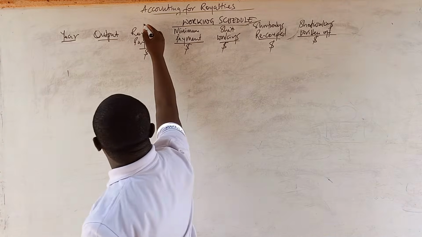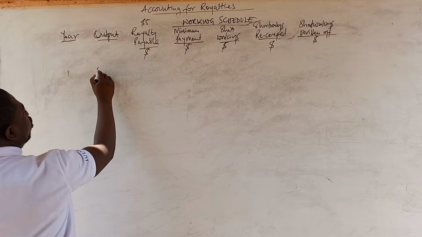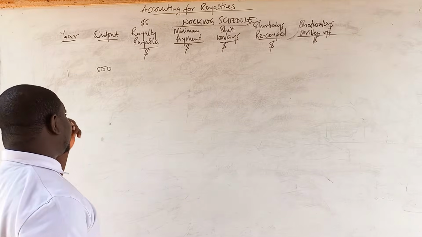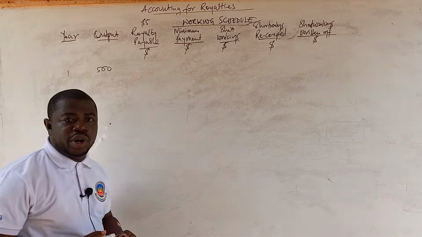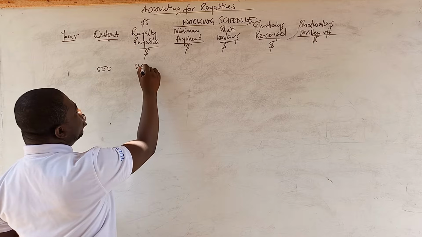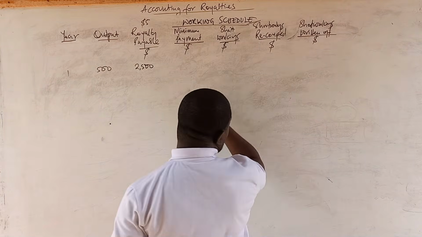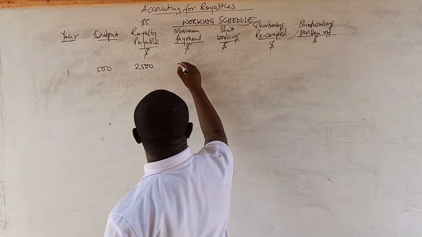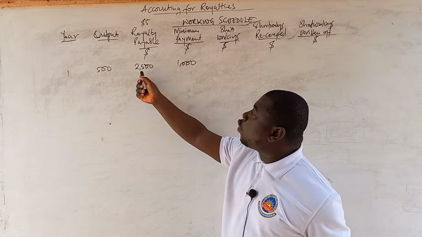So if the amount paid per output is $5, and in year one you are able to extract 500 units of the product from the ground, maybe if it's oil, 500 tons, you multiply 500 by the $5 given in the question, and you get 2,500. So you put that here as the royalty payable. Then the minimum rent will also be given in the question. Let's assume it's 1,000.